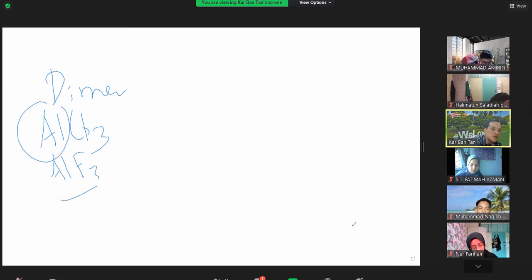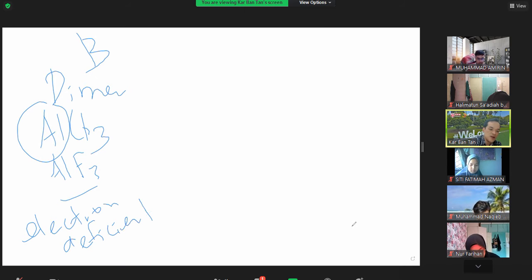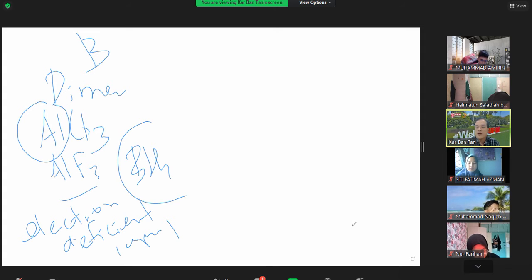Because the boron is from group 13, boron tends to form electron deficient compounds. If you look at BH3, it tends to form an electron deficient compound simply because it has 3 valence electrons.